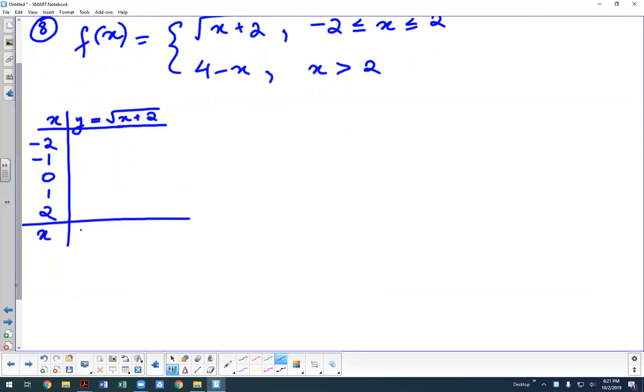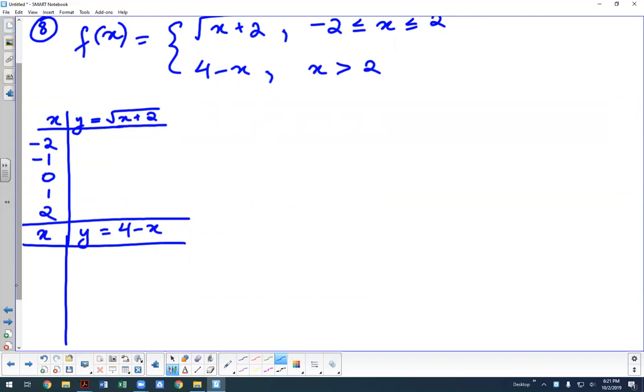Now for my second part, where y equals 4 minus x, I can use any numbers greater than 2, which means technically I can use 2.000000001, because that is a number greater than 2. We honestly want to know what happens at 2.